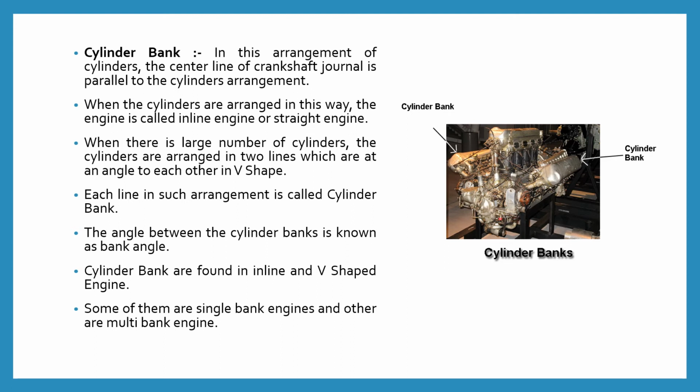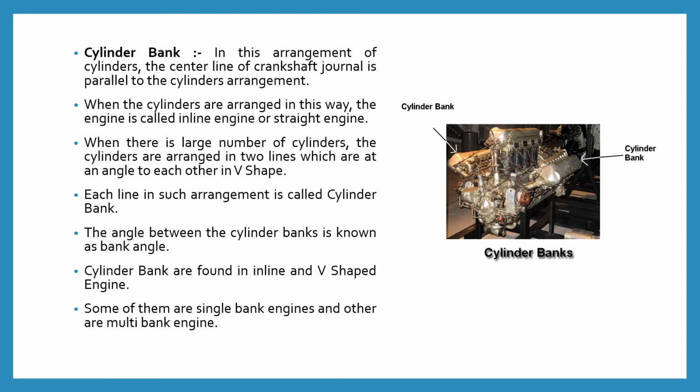When there is a large number of cylinders, the cylinders are arranged in two lines which are at an angle to each other in a V form, and that engine is known as a V-shaped engine. Each line in such an arrangement is called a cylinder bank.